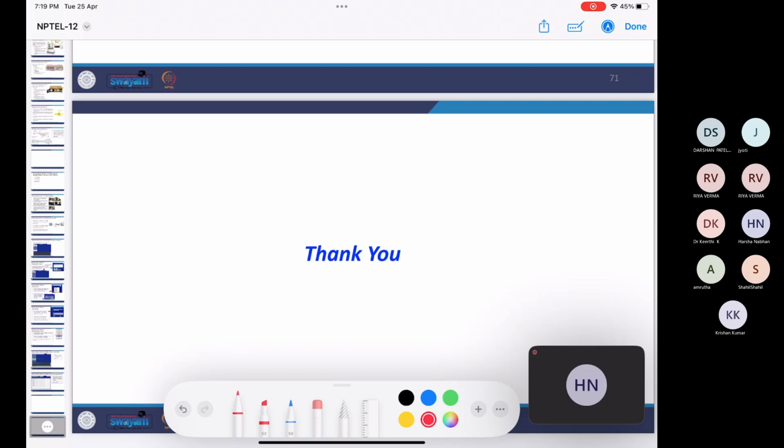And also, as far as I know and as far as I have observed from previous trends, few topics are not very important, and few topics are very important. For example, you will definitely have a question from the lapse rate. You will have a question from mixing height.